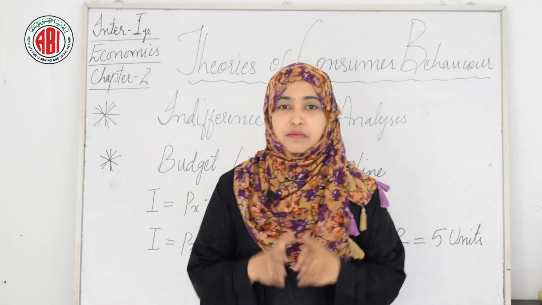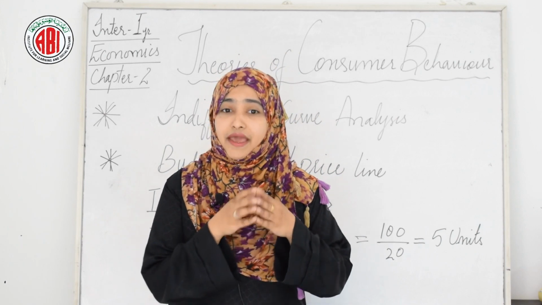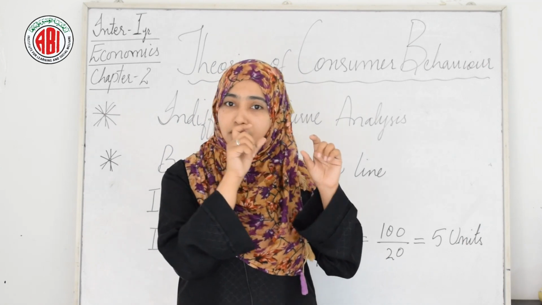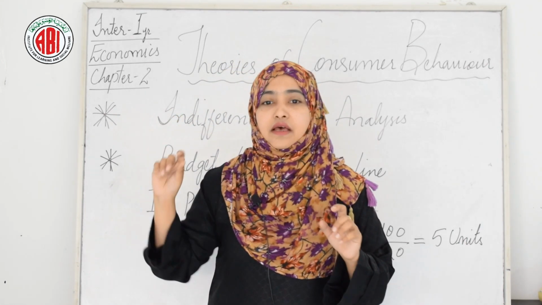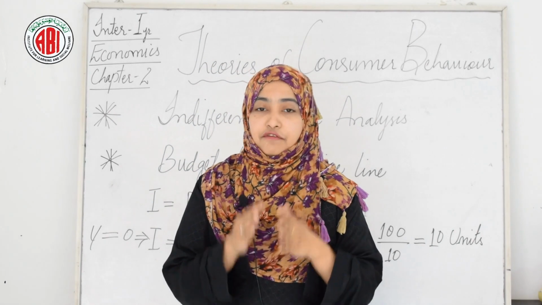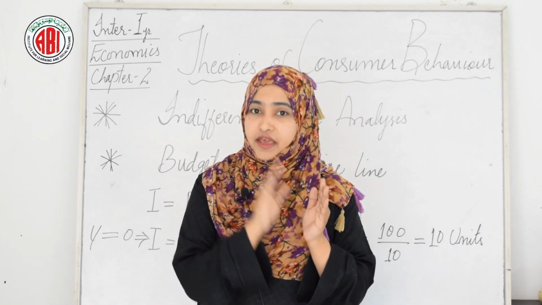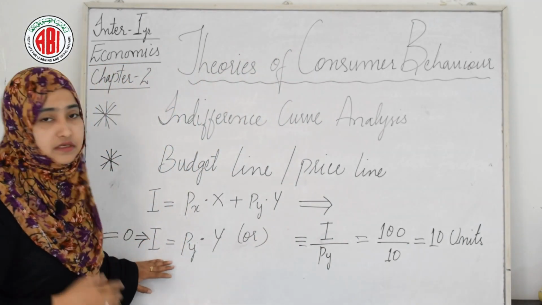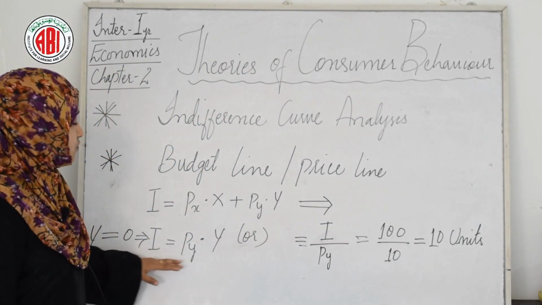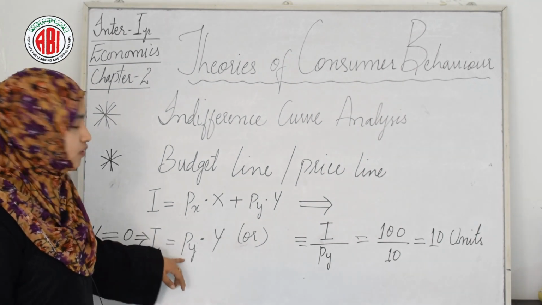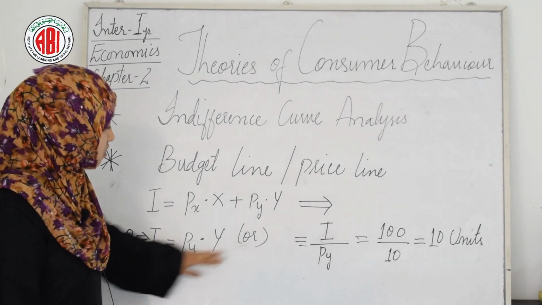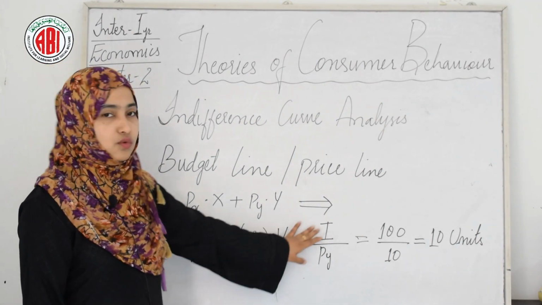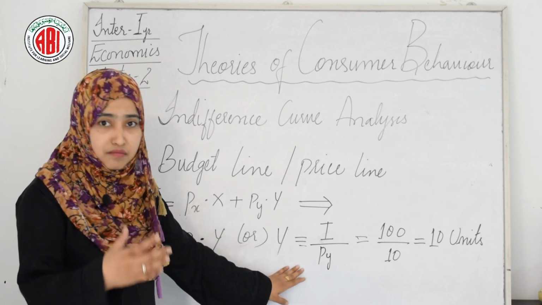It's clear. Similarly, if his purchase of X is equal to 0, it will be the reverse. In the place of X, we will write Py·Y. So if his purchase of X is equal to 0, then I = Py·Y, where Py is the price of good Y, or it will be represented as Y = I/Py.